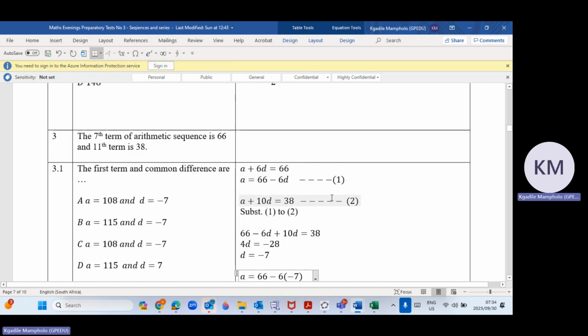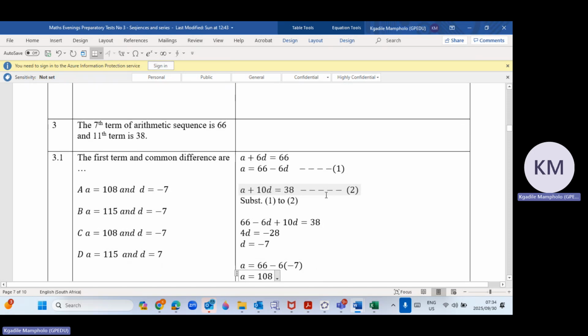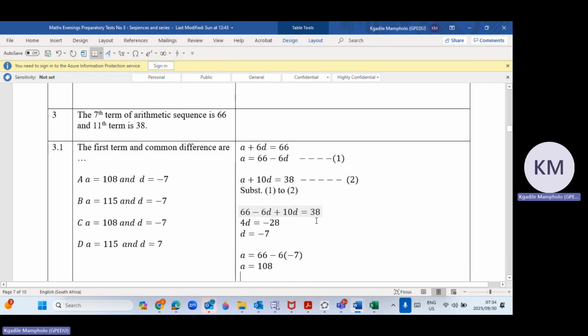In this one, we can either use the substitution method or the elimination method. The second one, because it's the 11th term, will be 11 minus 1, which is 10, times d, equals 38. Then you solve them simultaneously. You substitute 1 into 2.